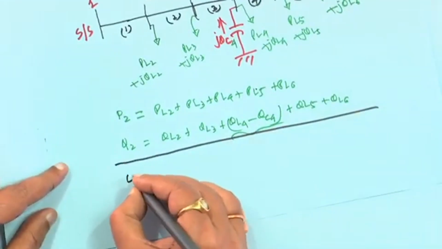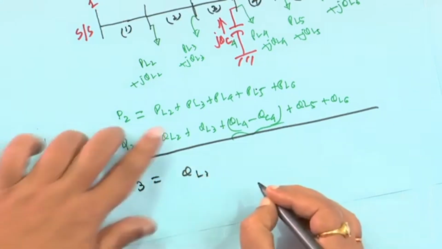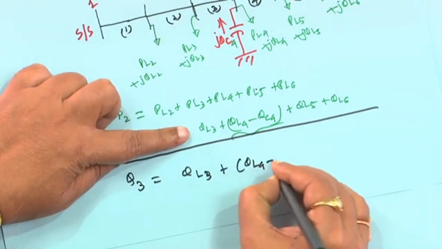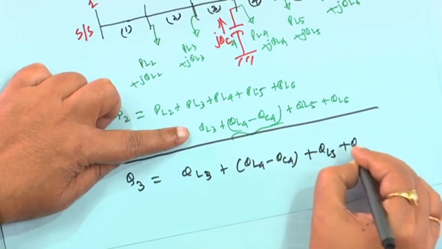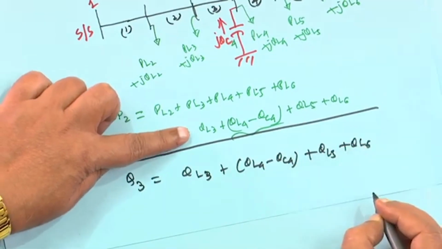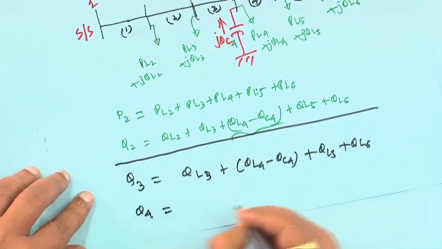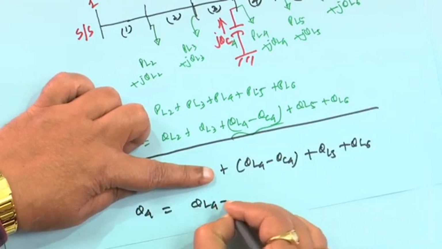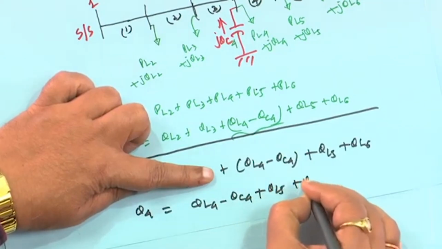Now, if you write only Q, Q3 will again be QL3, plus QL4 minus QC4, plus QL5 plus QL6. That is Q3. For Q4, the QL3 term will be dropped, so it will be QL4 minus QC4 plus QL5 plus QL6.